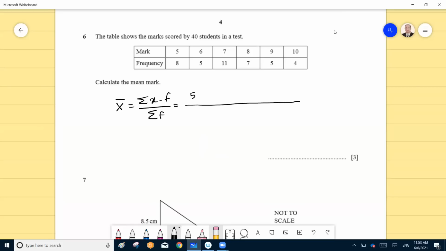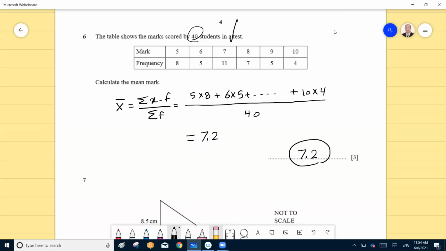It means you multiply each mark by its frequency, plus 6 times 5, plus 7 times 11, and so on until the last one, 10 times 4. This is all divided by the number of students, which is 40. By using a calculator, you will get 7.2. So the mean mark of this distribution is 7.2. You will always find the mean lies in the middle of the table, not in the beginning, not in the end.